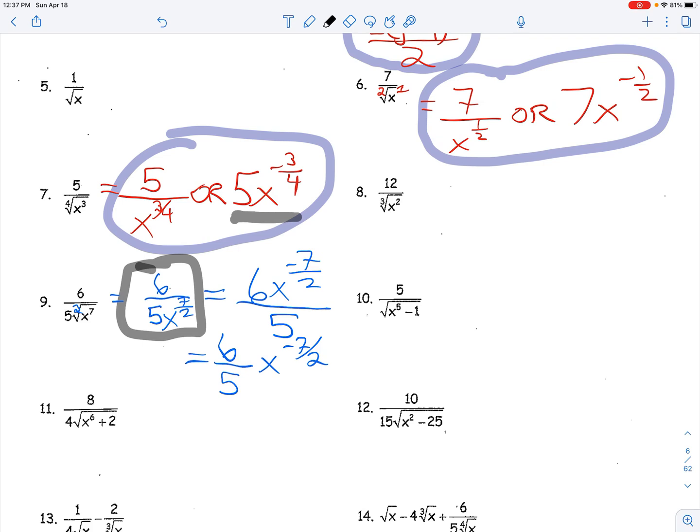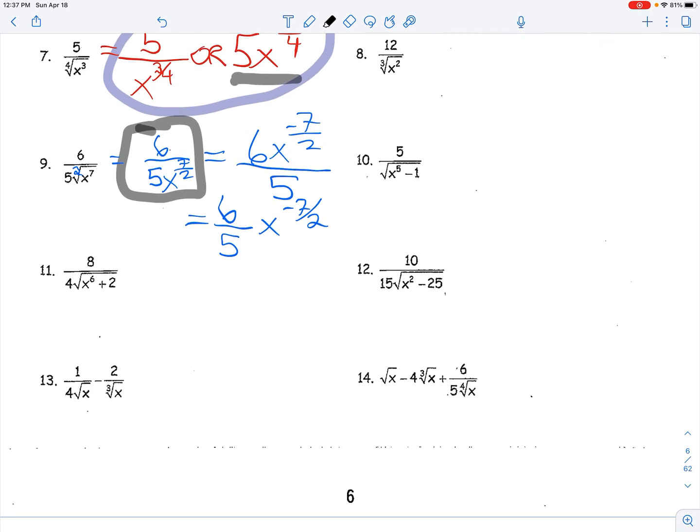All right, let's do number 12. That's 10 over 15 there. The 15 is stuck to the square root of x squared minus 25.